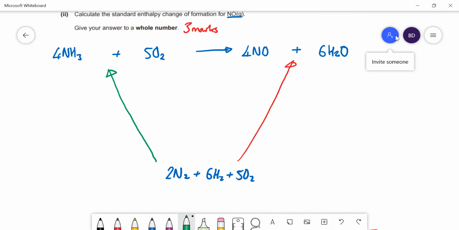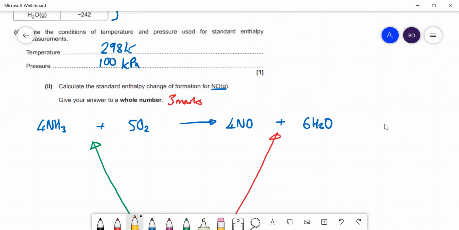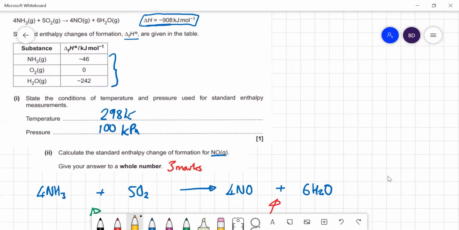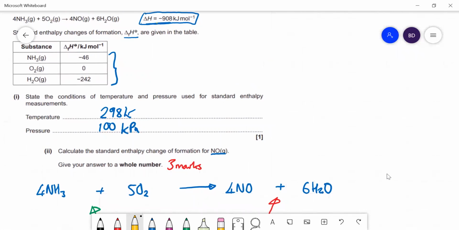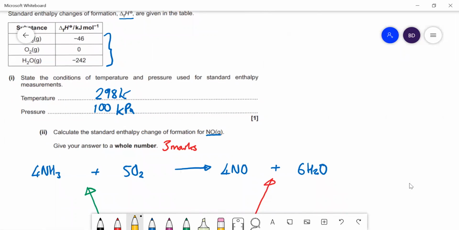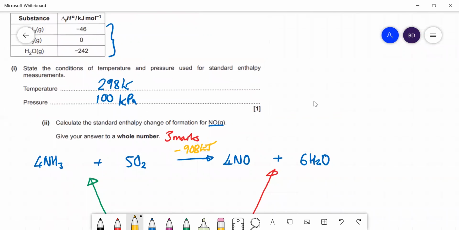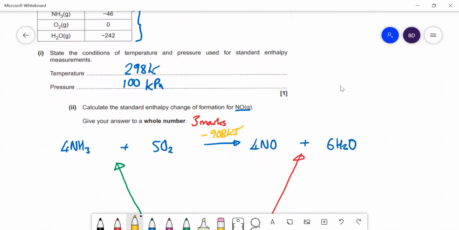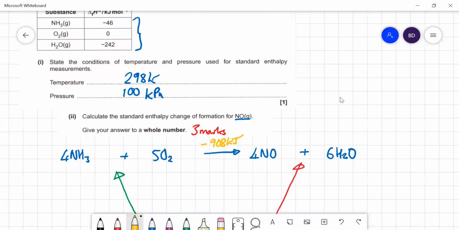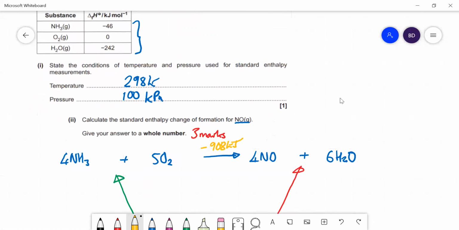Right, and it tells us the value of delta H. I'm drawing that line. They tell us it is minus 908 kilojoules per mole, so I'm going to write that there. Now we need these delta HF values. I'm going to copy that table.